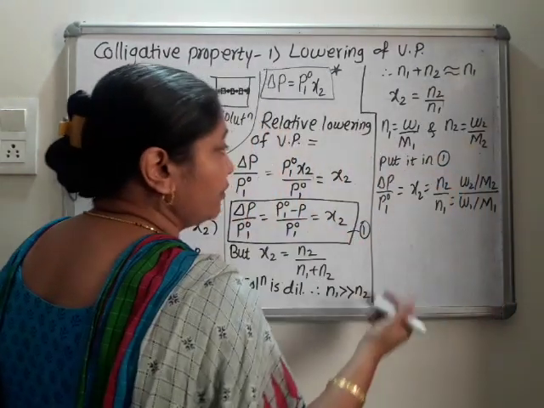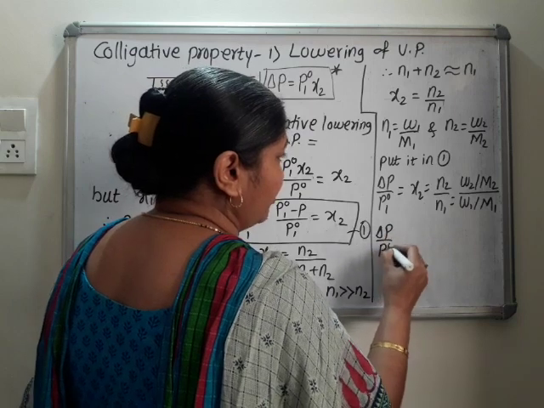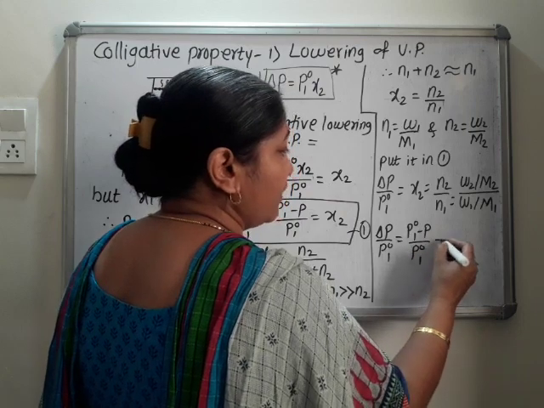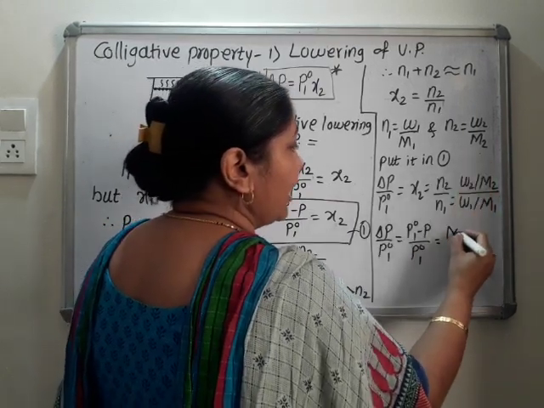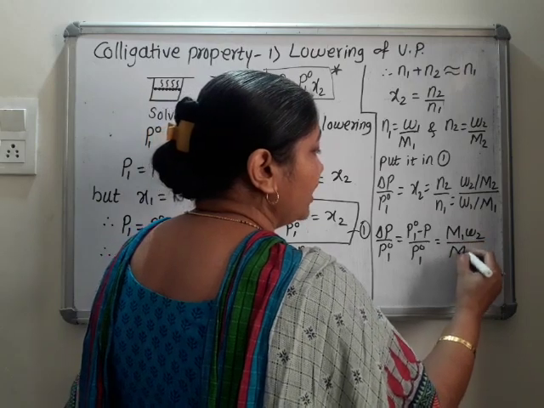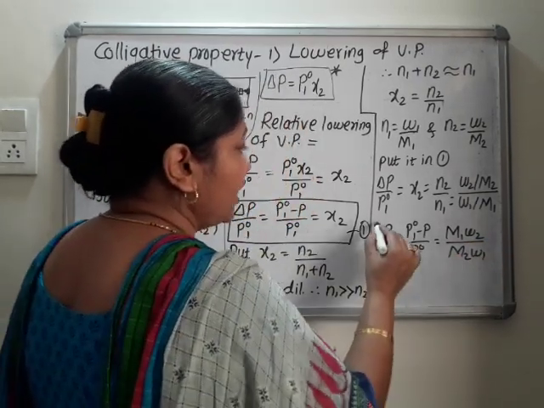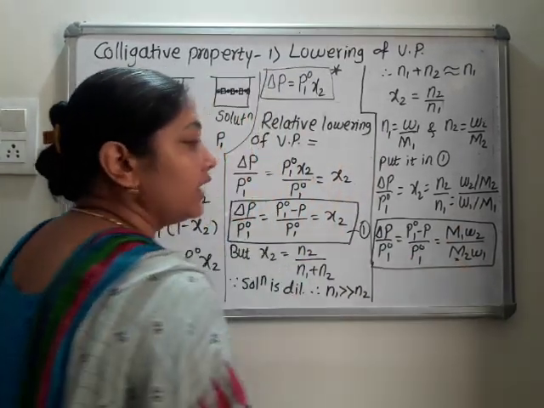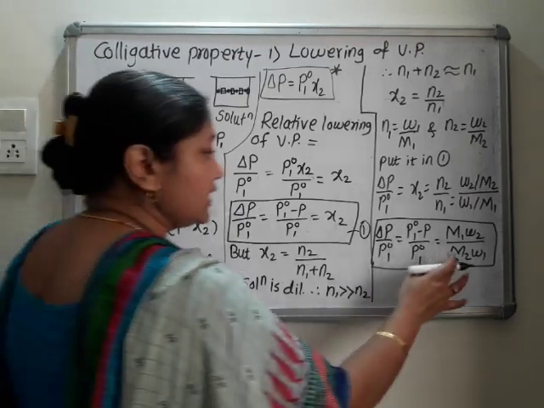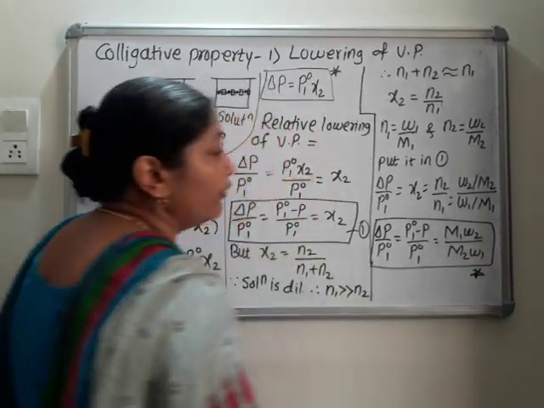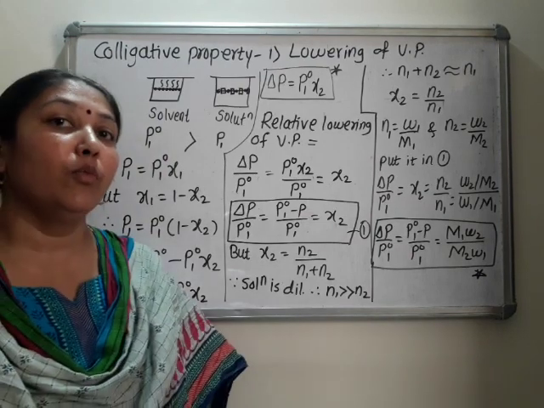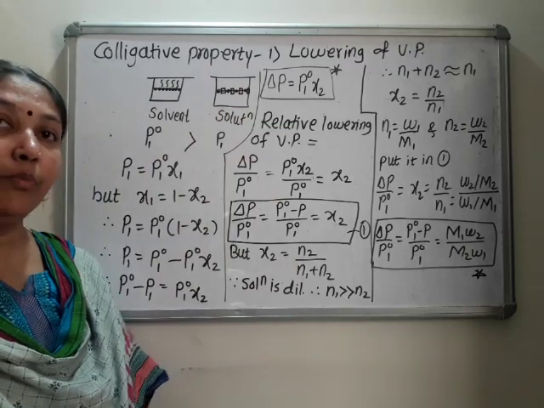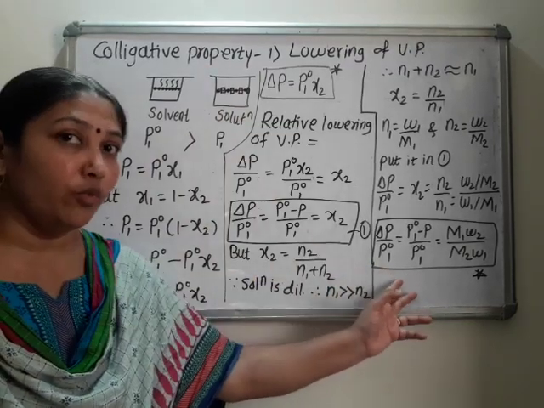So this term becomes delta P upon P01 is equal to P01 minus P upon P01 is equal to, this goes up, M1 W2 upon M2 W1. So if we know all the things except molar mass of solute, we can find M2. This is a formula, a mathematical equation to derive molar mass of solute with the help of lowering of vapor pressure. We have to solve numericals based on this.